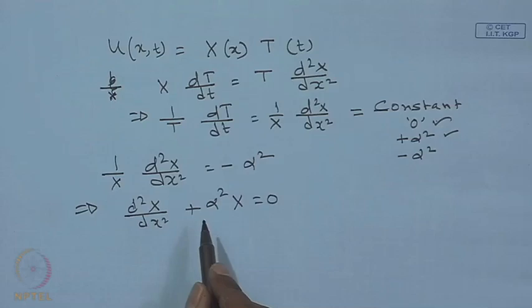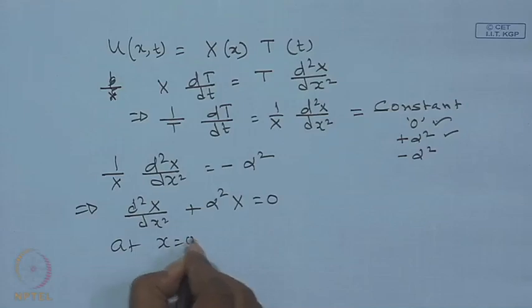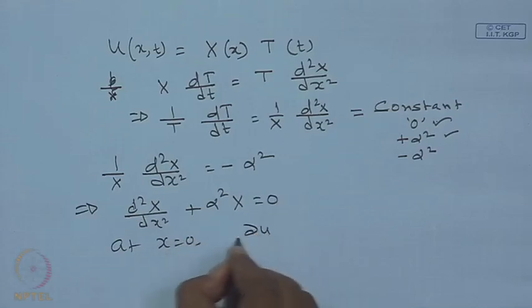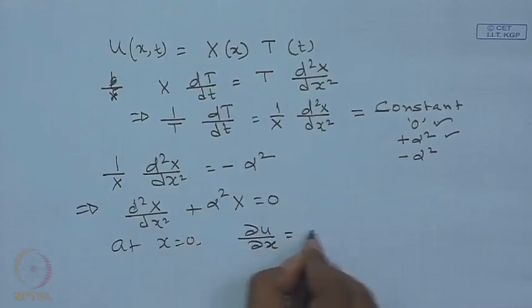Now, let us construct the boundary condition of the x varying part. The boundary condition of the x varying part must be satisfying the boundary condition in space of the original problem. So, if you look into that equation, at x is equal to 0, you had del u del x is equal to 0.